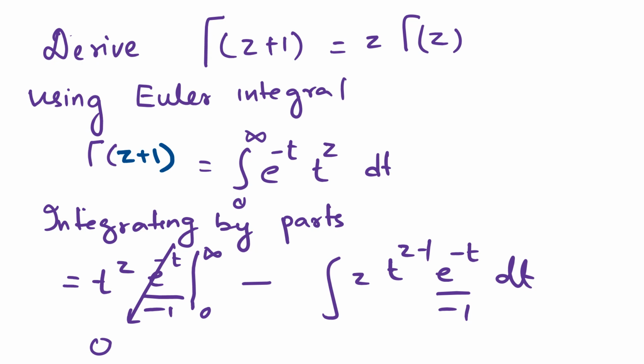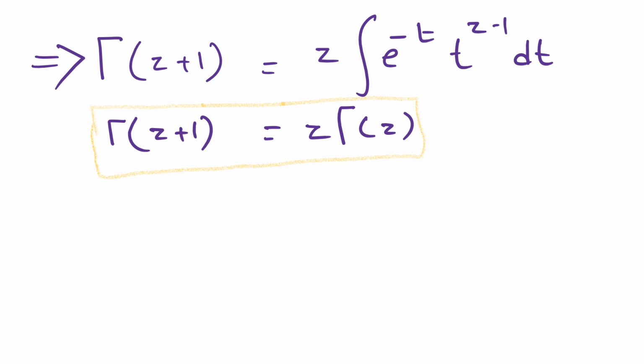Now when you do the integration by parts, we get t^z e raised to minus t, this you integrate first, from 0 to infinity, minus the integral of z t^(z-1) times e raised to minus t by minus 1 dt. The boundary term will go to 0, and this term exists. Now look at this term.